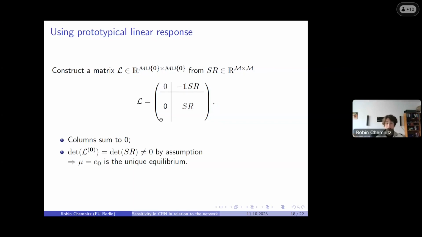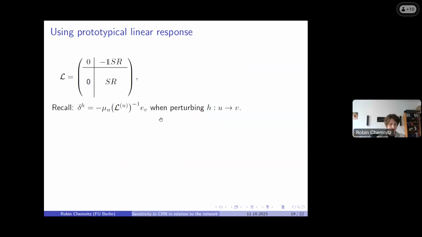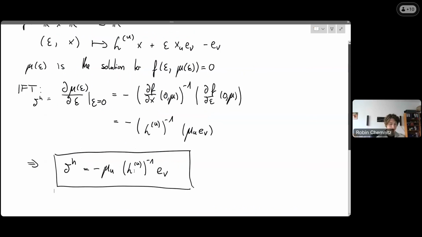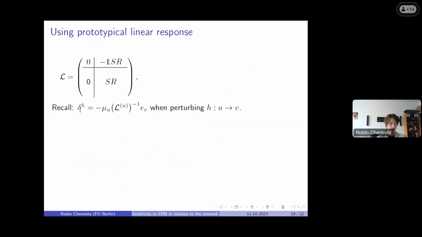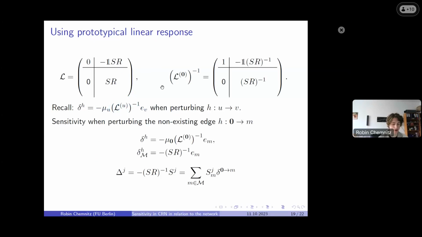So we can study the sensitivity of this mu, which is E0. Now we computed here, remember this equation. When perturbing an edge from U to V, the response is given by this equation. And now we do this for an edge from 0 to m.